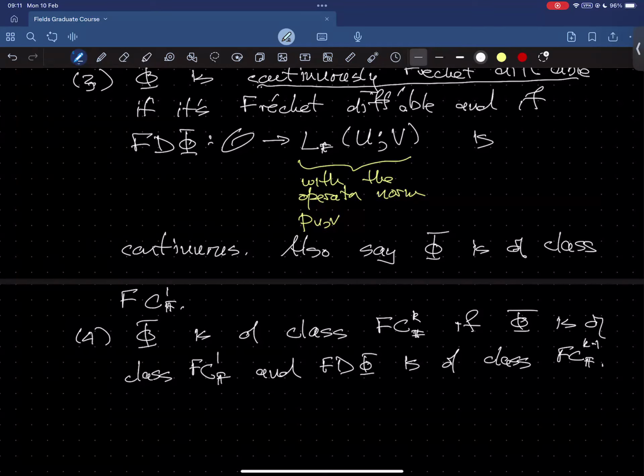Okay, so this definition is exactly analogous to the definition of higher order differentiability that we've been using. It's a bootstrapping definition based on the differentiability of the first derivative. Okay.